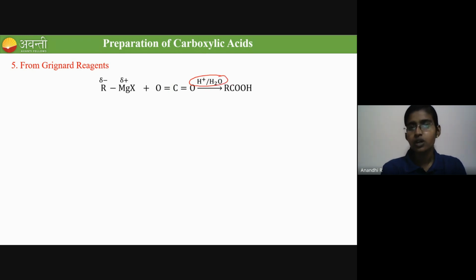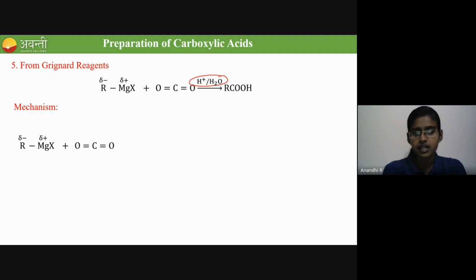So how are we getting a carboxylic acid from Grignard reagent? Let us see the mechanism to understand this. It is very easy. First we take a Grignard reagent, and then the second reactant, which is carbon dioxide. Here the alkyl group is the partially negative part and MgX is the partially positive part.